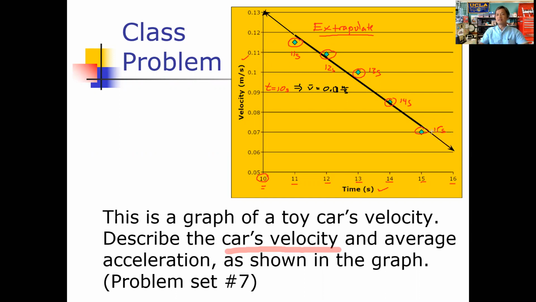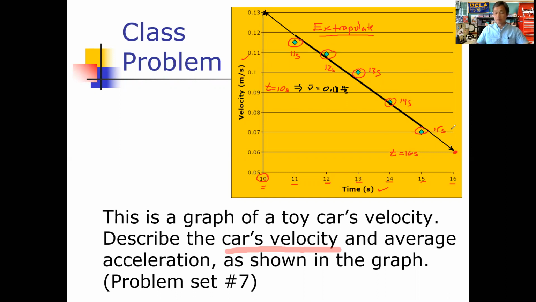The graph doesn't give us this, so can we find the velocity at t equal to 16 seconds? Again, the data points don't give us this.